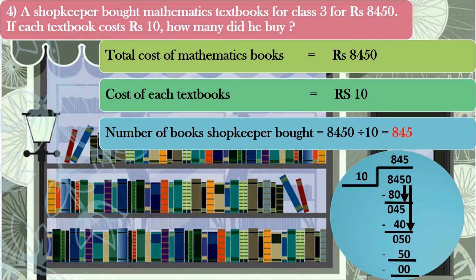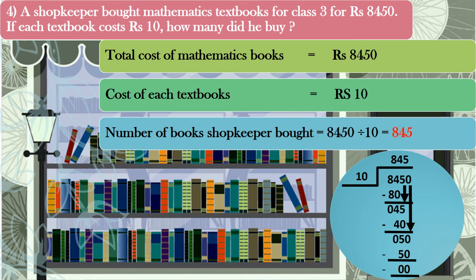Now next you bring down the next number, which is 5. So we have 45, and now you again divide 45 by 10. So 10 into what gives us 45? We cannot get 45, but the closest is 40. So 10 4s are 40. Next, you subtract 45 minus 40. So 5 minus 0 is 5 and 4 minus 4 is 0.